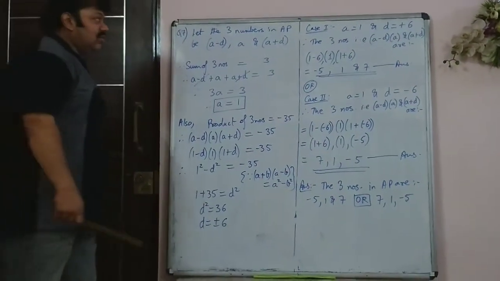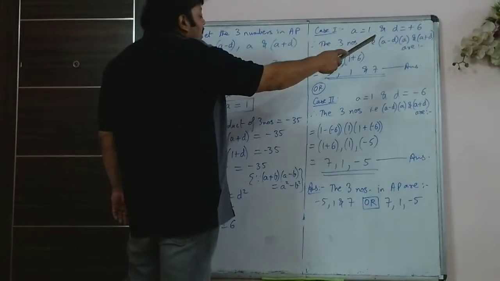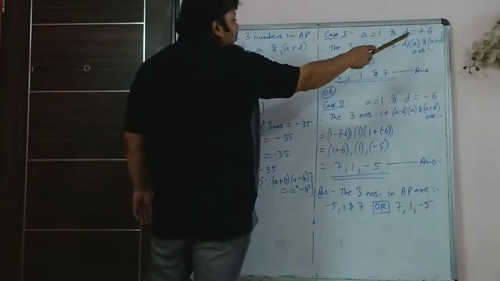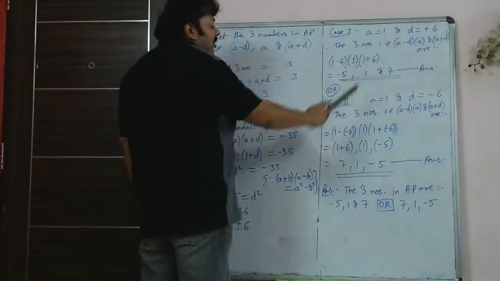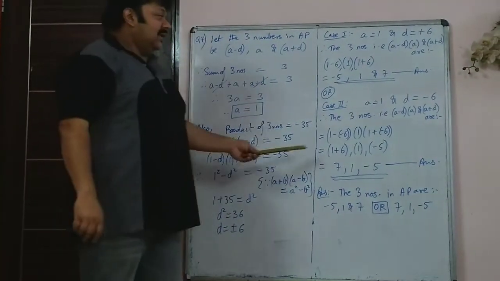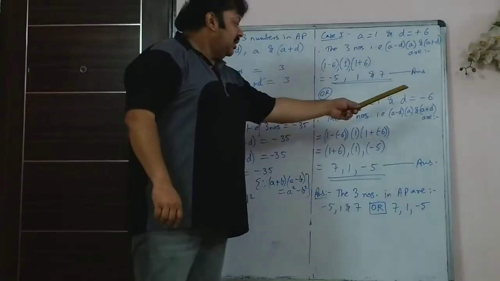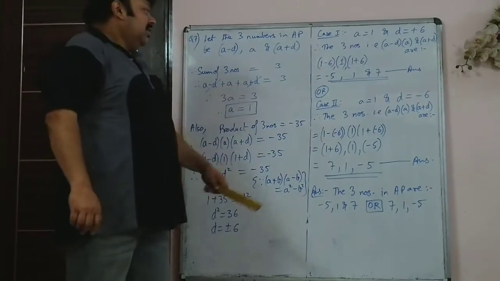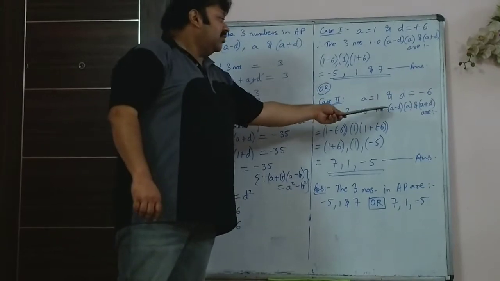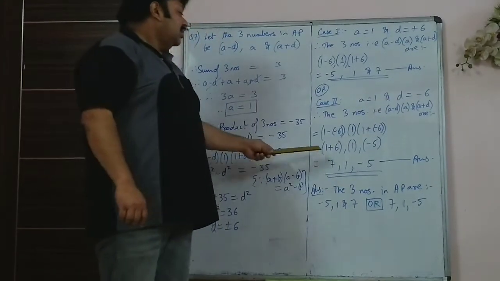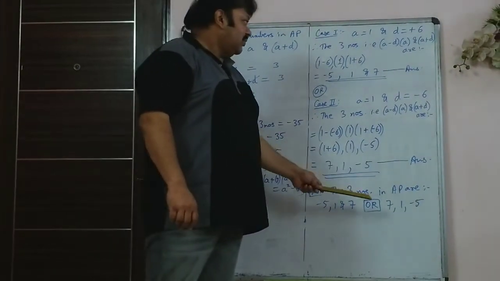Both the cases have to be considered. So first, a minus d, a and a plus d, when you substitute those values, will become minus 5, 1 and 7. And second case is a is 1 itself and d is minus 6. So then the same three numbers, when you substitute a as 1 and d as minus 6, will become 7, 1 and minus 5.